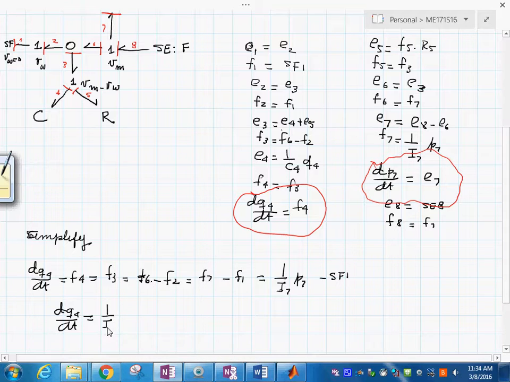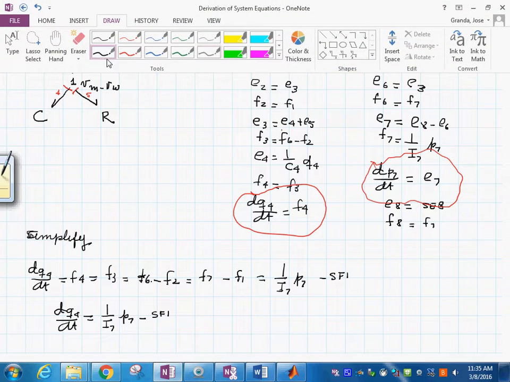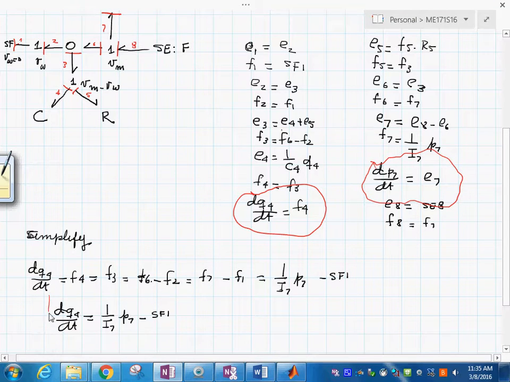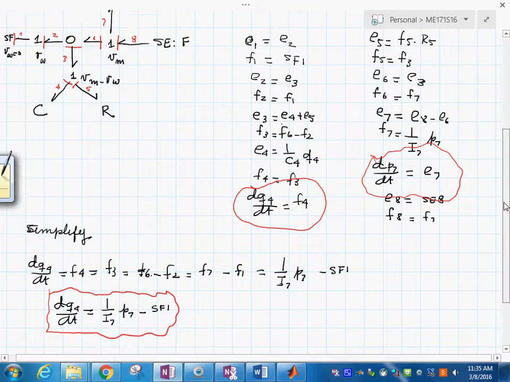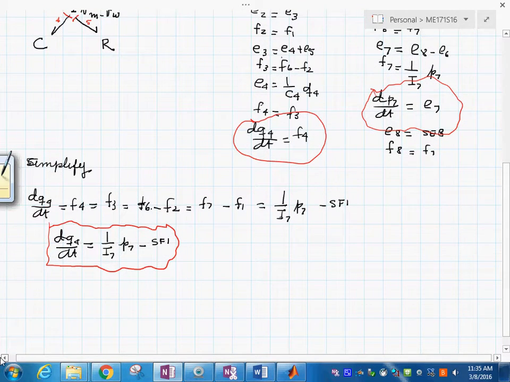And here you will have dp sub 7 dt is equal to f sub 7, and f7 is 1 over I sub 7 p sub 7. Interesting, it came out quite simple. In here, let's see, did we do this? No, we didn't. Excuse me, we have a mistake in here.